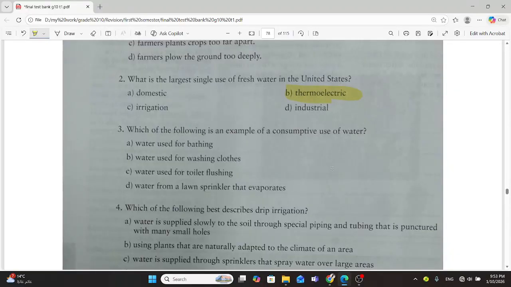Which of the following is an example of consumptive use of water? Water used for bathing, or water used for washing clothes, or water used for toilet flushing, or water from a lawn sprinkler that evaporates.